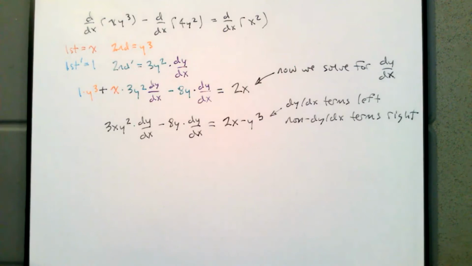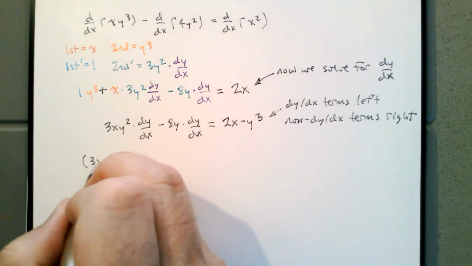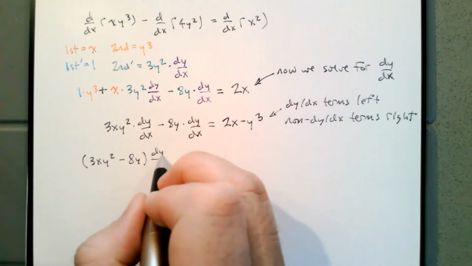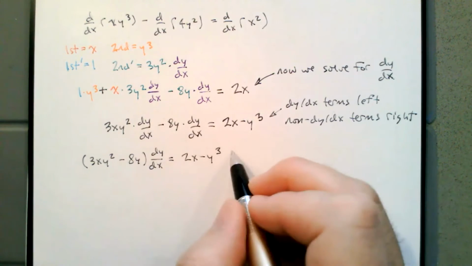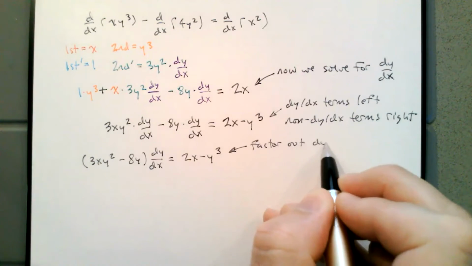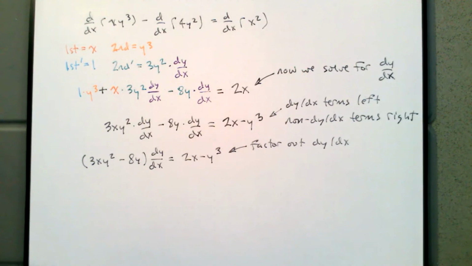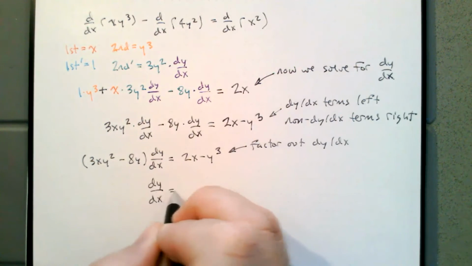Next, we can factor out the dy dx. And now it's something times dy dx is 2x minus y cubed. So then we'll divide by the coefficient of dy dx.